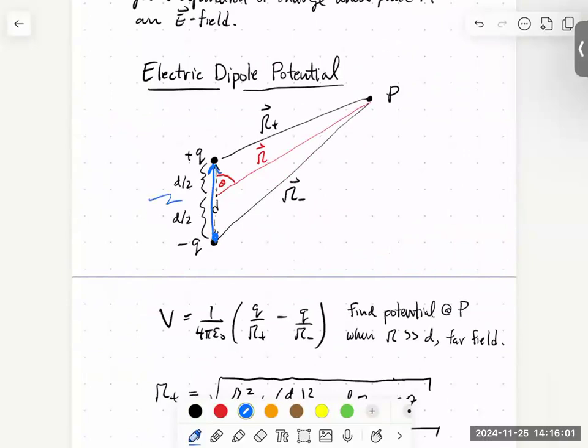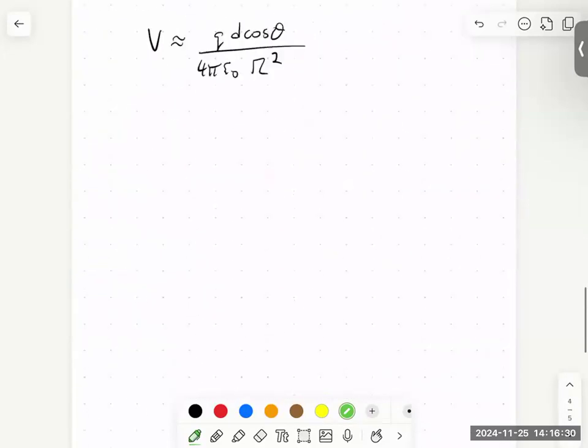And I'm going to call that vector P. And it's going to be Q times D. And let me also label here r hat unit vector. So then, if I was to take p dot r hat, it's going to be qd cos theta. Which is exactly what we had in that potential.